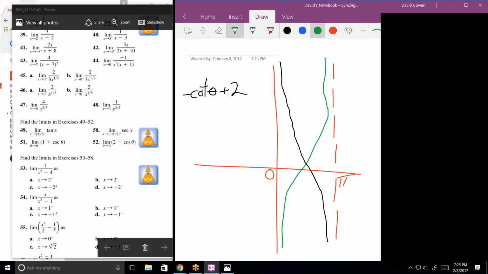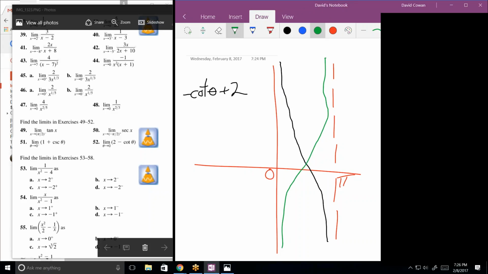And adding 2 to it isn't going to make any difference if our answer is either negative infinity or positive infinity. And it's going to be one of those. So as I approach 0, it looks like it's going to be going down.